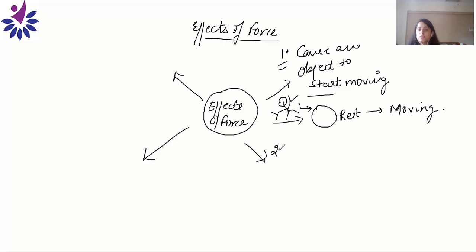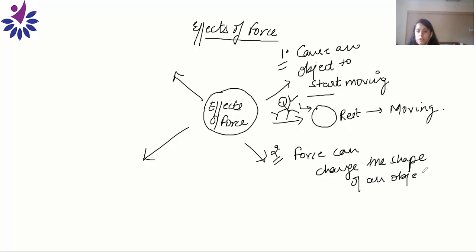What is the second effect of force? Can force change something's shape? Yes, it can change the shape of an object. Can you think of any example that changes its shape when force is applied?